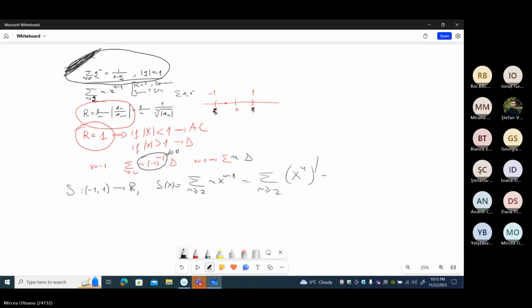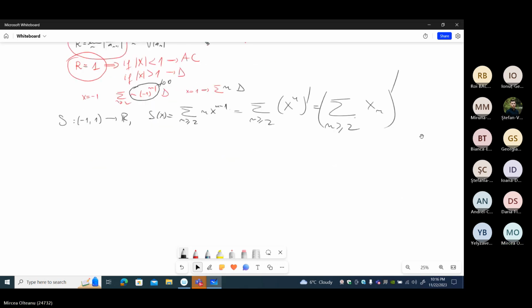And now, because of a property of power series, which says that power series can be differentiated term by term, we proved this at the lecture, we have this. Yes? So S(x) is the derivative of this sum.